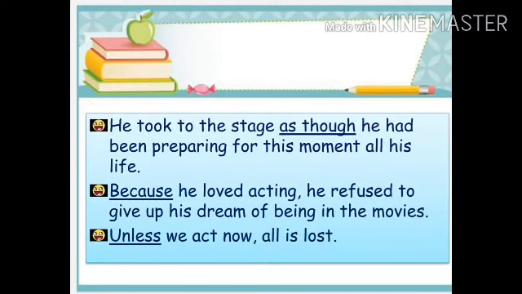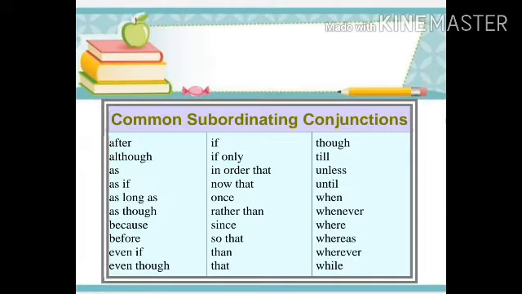Children, here are some of the examples. He took to the stage as though he had been preparing for this moment all his life. The next one: because he loved acting, he refused to give up his dream of being in the movies. The final one: unless we act now, all is lost. Students, see here a list of common subordinative conjunctions.